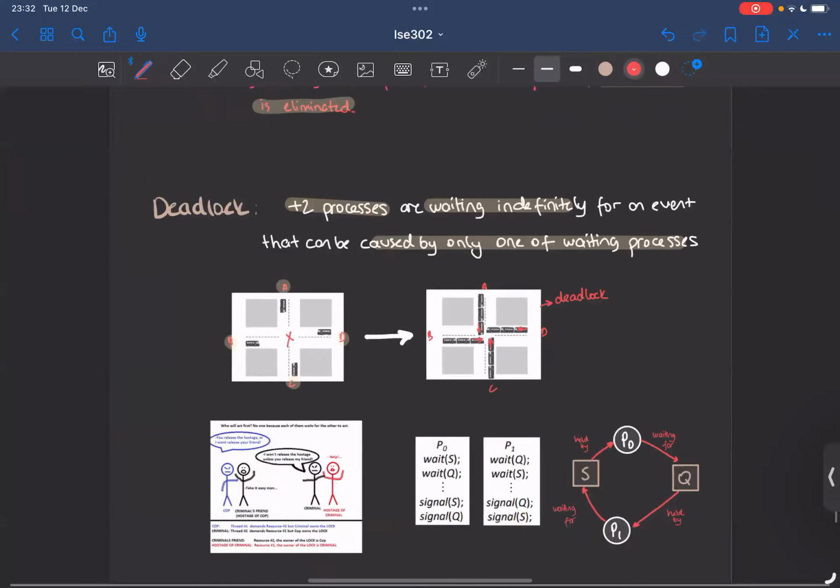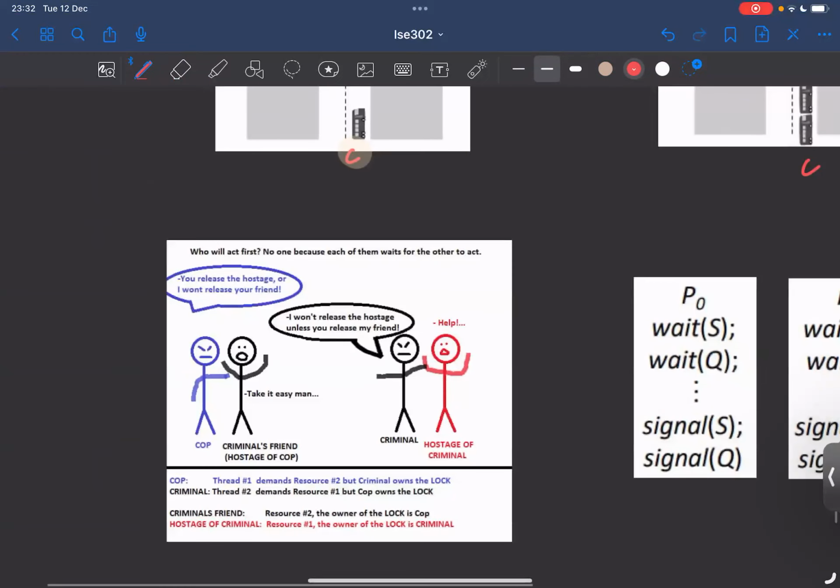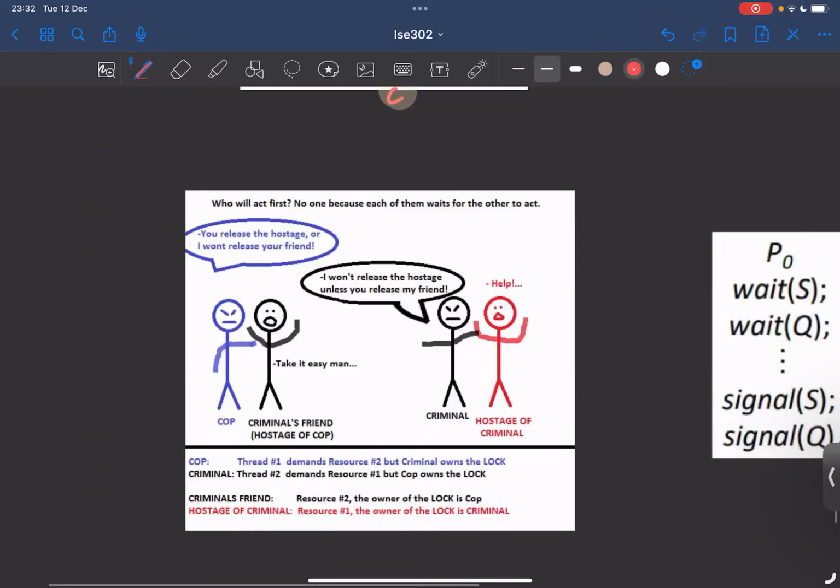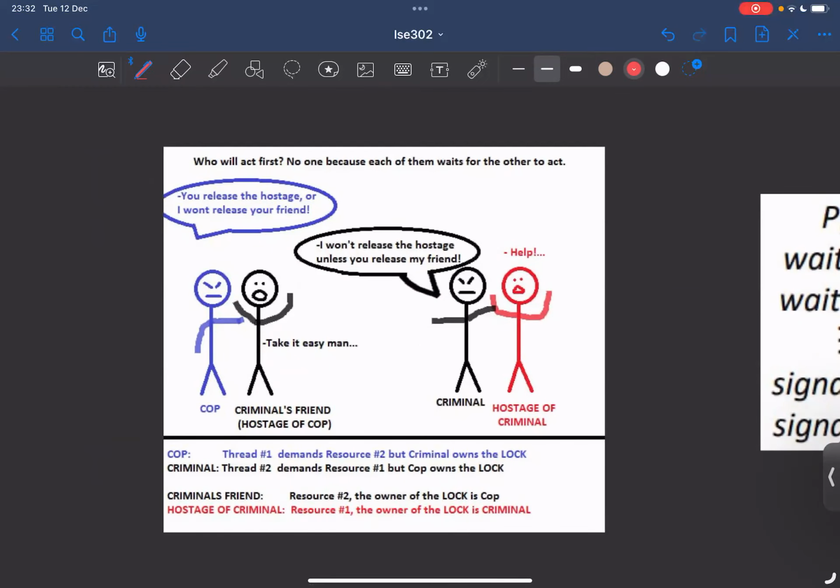Let's consider another scenario. This scenario involves a hostage situation with a cop and a criminal. The criminal has taken a hostage and a police officer has taken the criminal's friend. The criminal demands the release of their friend, threatening not to release the hostage unless the cop complies.